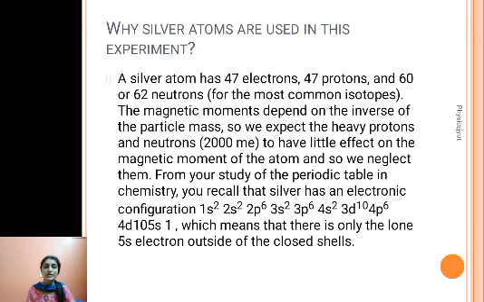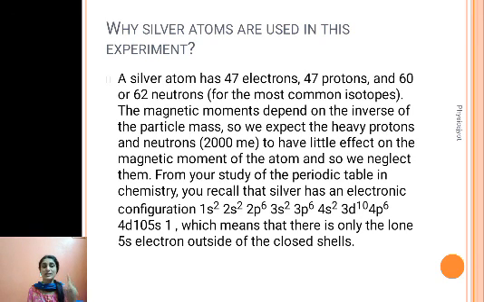Now when we consider the magnetic moment, we know that the mass of a proton and the mass of a neutron is approximately 2000 times the mass of an electron. So as the mass is large, it will have little effect on the magnetic moment of the atom. So we neglect them. From your study of the periodic table in chemistry, you recall that silver has the electronic configuration 1s2, 2s2, 2p6, 3s2, 3p6, 4s2, 3d10, 4p6, 4d10, 5s1.